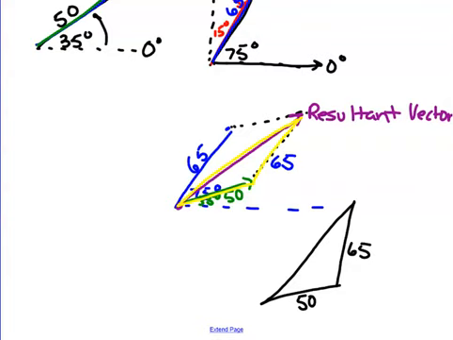Well, I also need to know what this angle is here, in between the 50 and the 65. So I'm going to find that by going back here. If I can figure out what this little angle is right here, then I can figure out this angle. Let me just say that again.